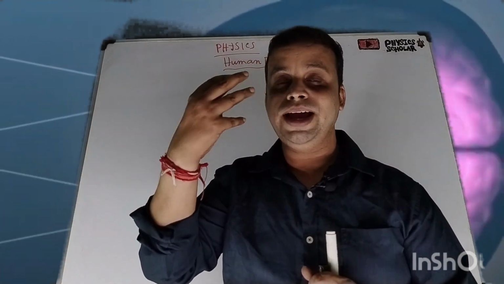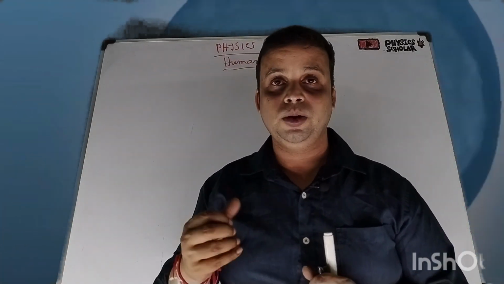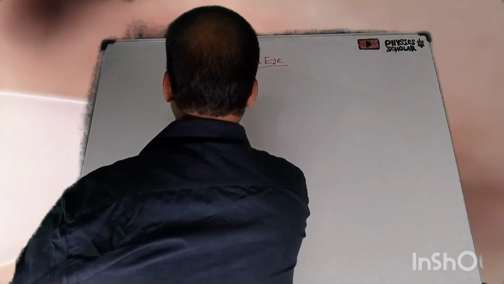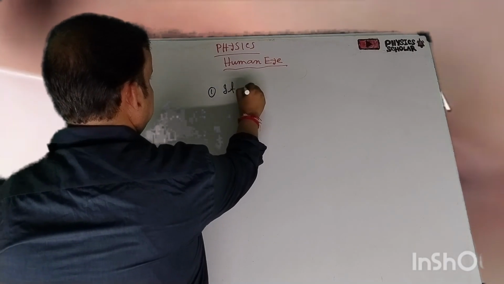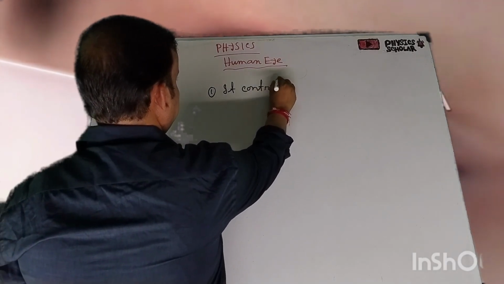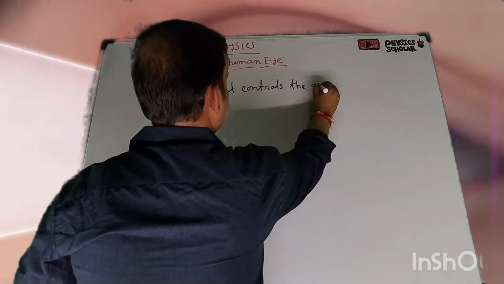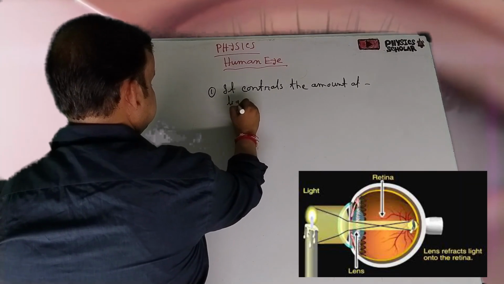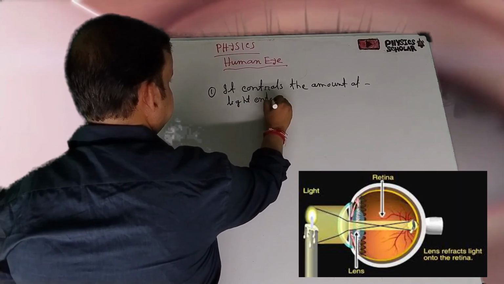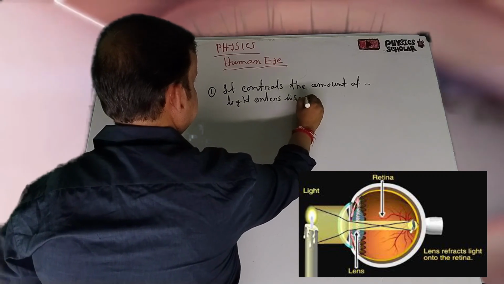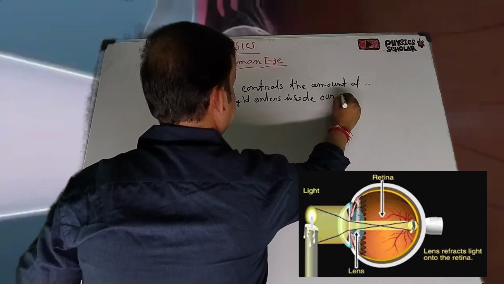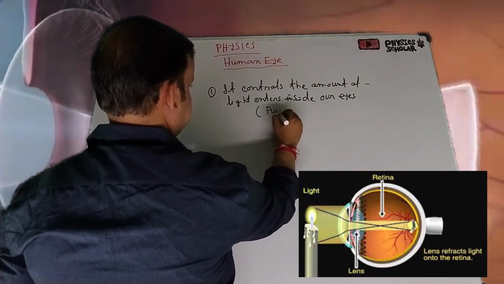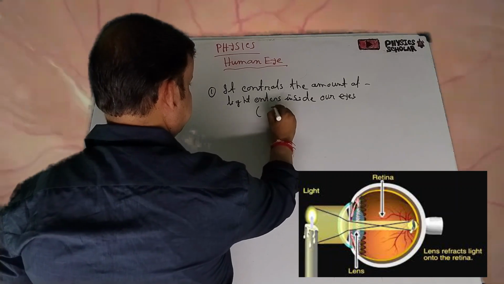When a ray of light enters our eyes, basically 3 functions take place. First of all, the first function is that it controls the amount of light that enters inside our eyes. Basically it is done by the pupil or iris.